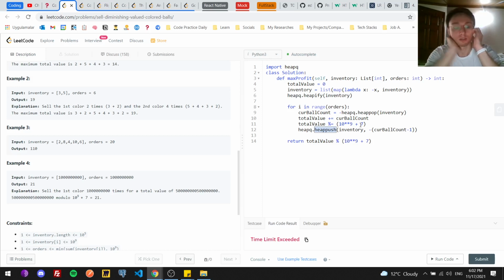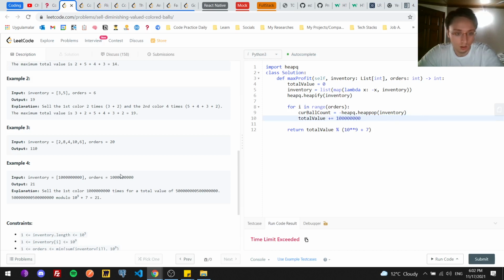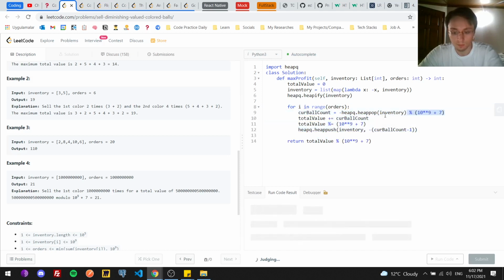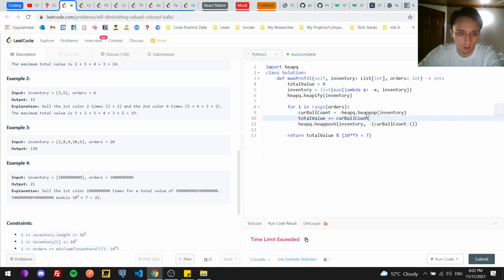So it is not about the heap of i, but about how many times we do this. If you have like 10,000 there, that would still be slow. It's not about the heap. How many times we do this, it's about that.